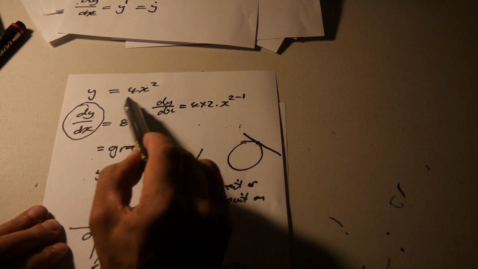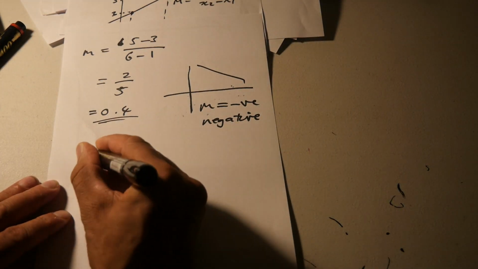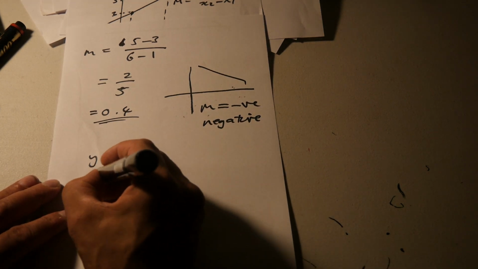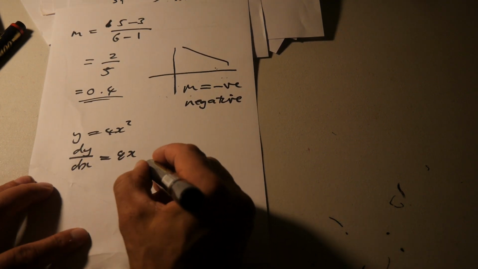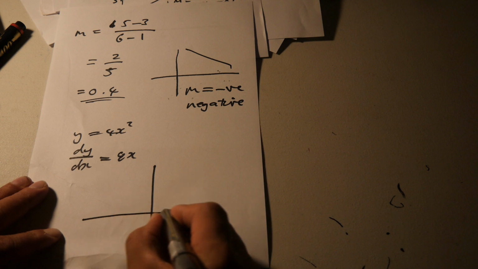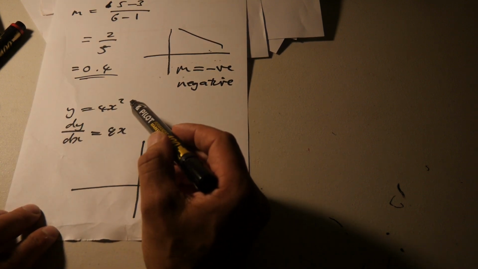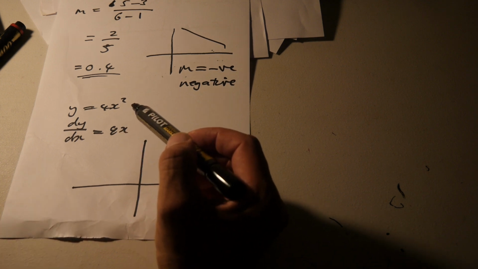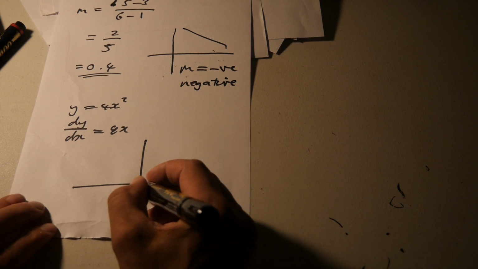With every equation like this, an equation like 4x squared, which I gave you the derivative of, which equals 8x, it's actually a parabola, okay? So something like, at x equals 0, it's going through the origin.